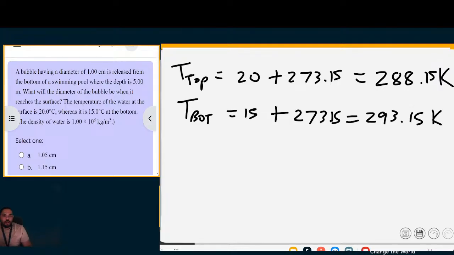So now we have the pressure at the top, pressure at the bottom, temperature at the top, temperature at the bottom. Now the volume at the bottom and the volume at the top, we want to calculate that. And the volume at the bottom, we can calculate that.